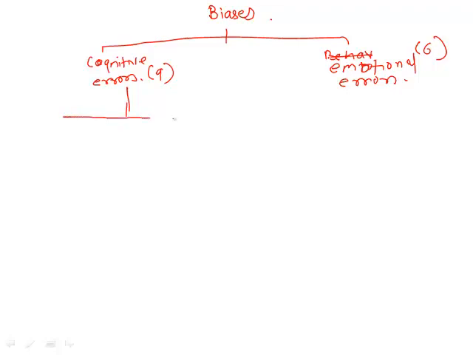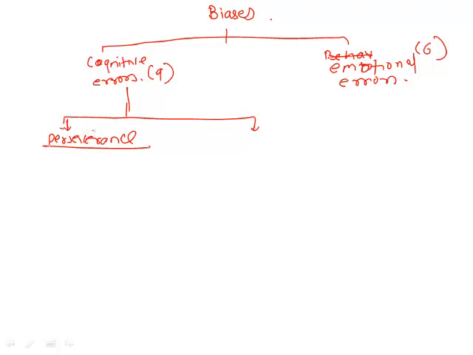These are further divided into two categories, and that's where we are coming to the trickier part of the topic. The first category is perseverance. Perseverance is that you want to hang on to what you thought was true earlier.